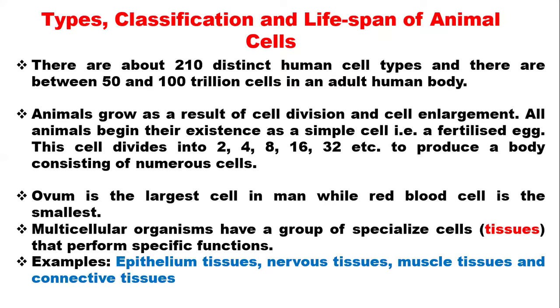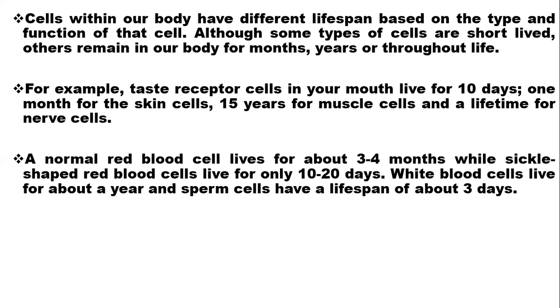Now, if they do that, you have what? Tissue, which performs a specific function. You can have different examples of tissues: epithelial tissues, nervous tissues, muscle tissues, and connective tissues.